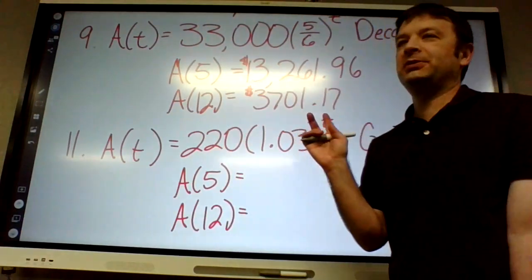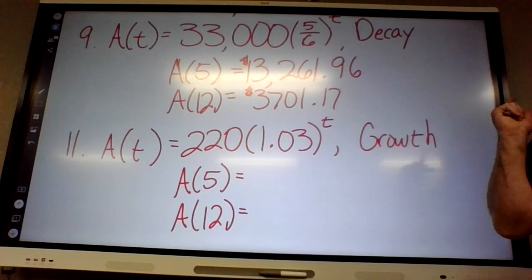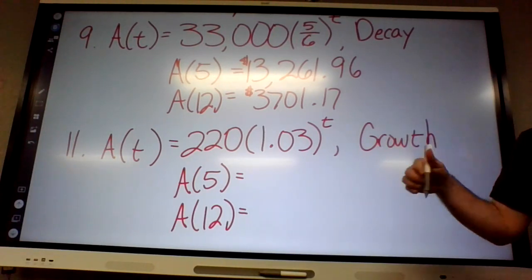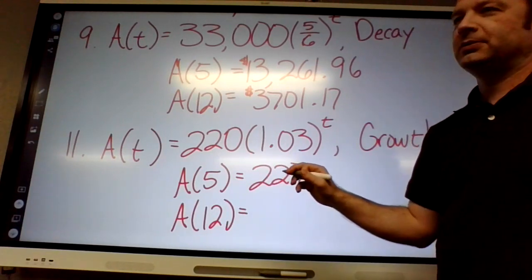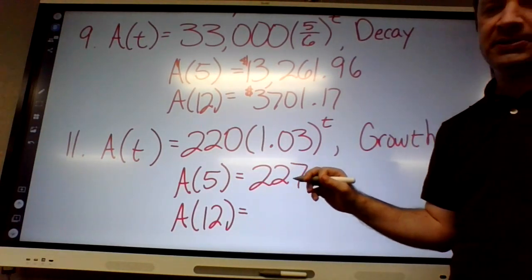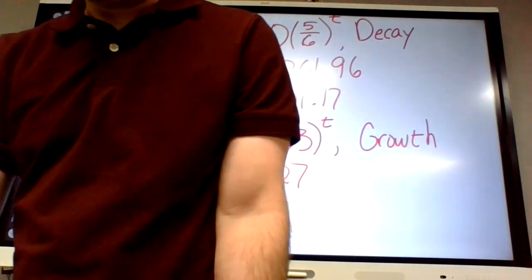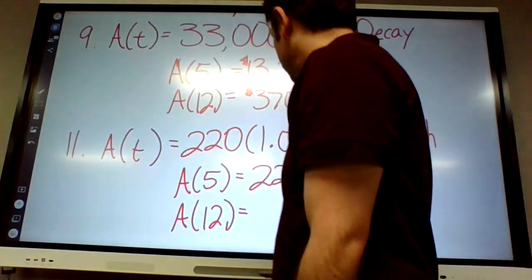This one is talking about people, so where would we probably round it to? Nearest person, probably. 227. I got 255. I think that one was right. Which one's right? 255.